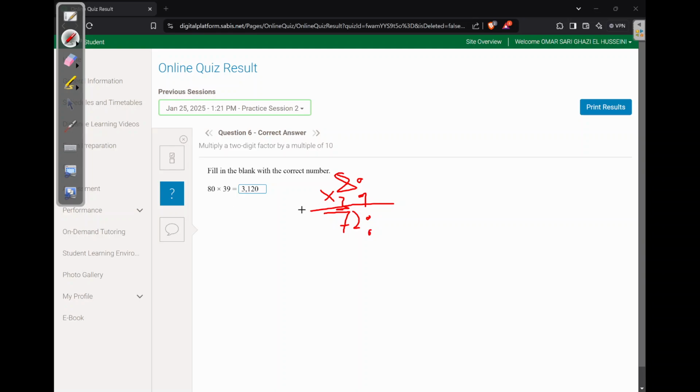Okay. 3 times 0 is 0, of course. And now 3 times 8 is 24. Okay, it's 0. And also 0 over here too. Now here's 2. Okay, 7 times that's 11. 3, 1, 2, 0.